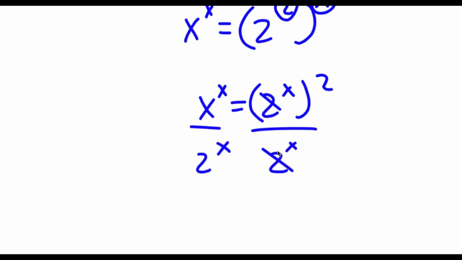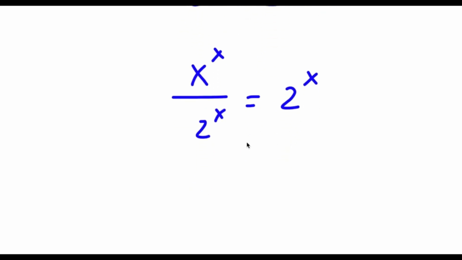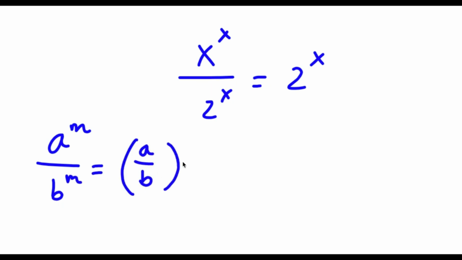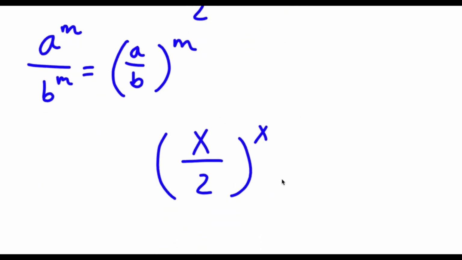So then these two cancel out, and I'm left with x to the power of x over 2 to the power of x is equal to 2 to the power of x. Now if I have something in the form a to the power of m over b to the power of m, this is the same thing as a over b to the power of m. So x to the power of x over 2 to the power of x, that's going to be x over 2 to the power of x, which is equal to 2 to the power of x.